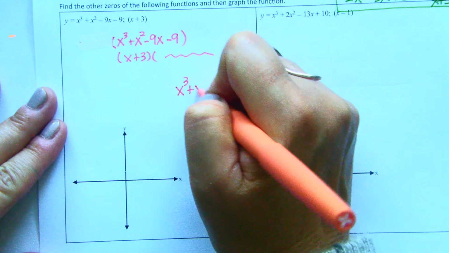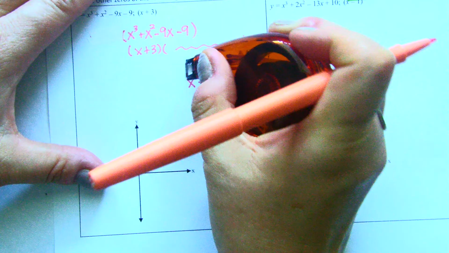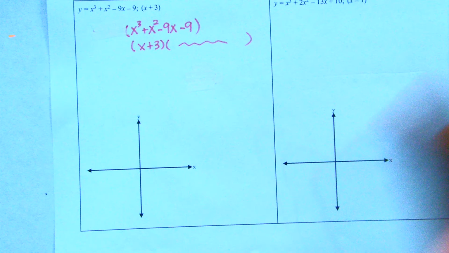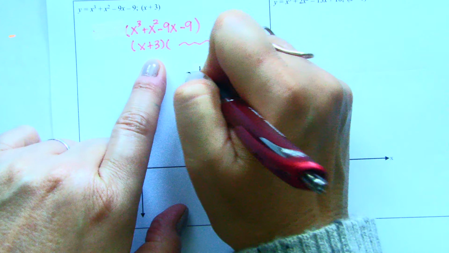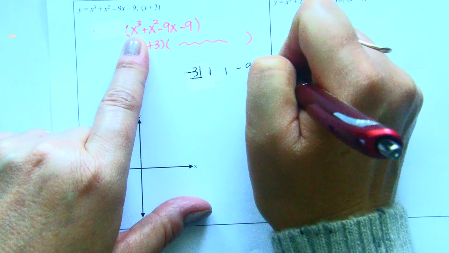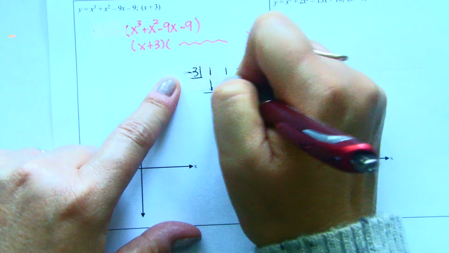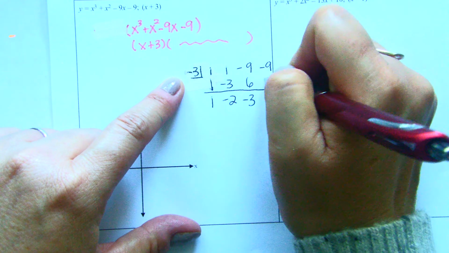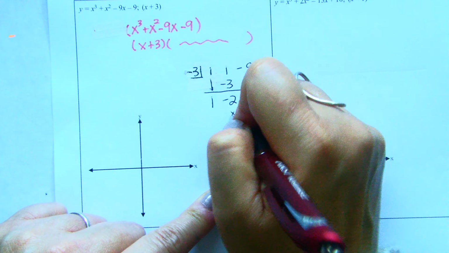So I'm going to take this and I'm actually going to do synthetic division on this one. Change my mind. I'm just going to set it up for long division, but why? Might as well do synthetic. So -3, and then this is a 1, 1, -9, and -9. I bring down the 1, multiply, add, multiply, add, multiply, add. So constant, x, x squared.